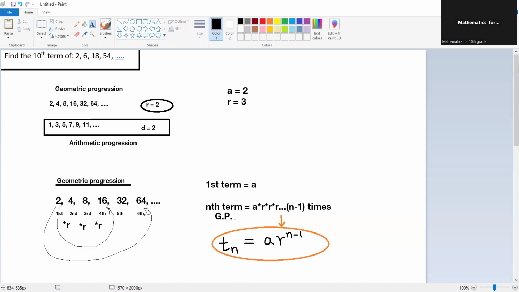So if I substitute this here in this formula, what is the 10th term?